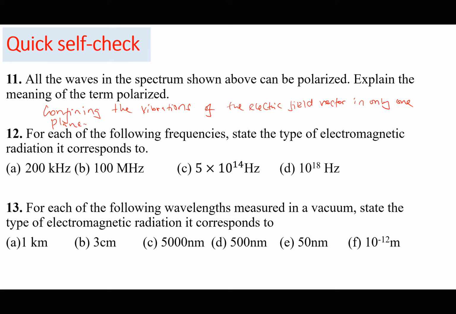We shall explore polarization in more detail, but if the vibrations of a wave can be made to be in only one plane, we say that the wave has been polarized.